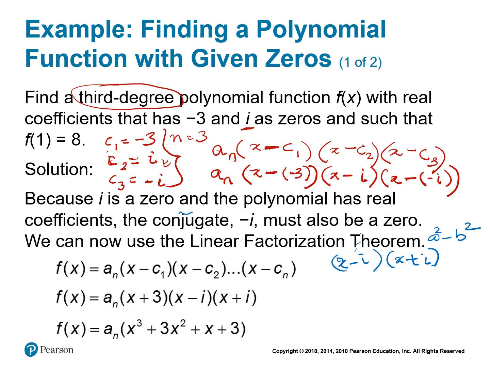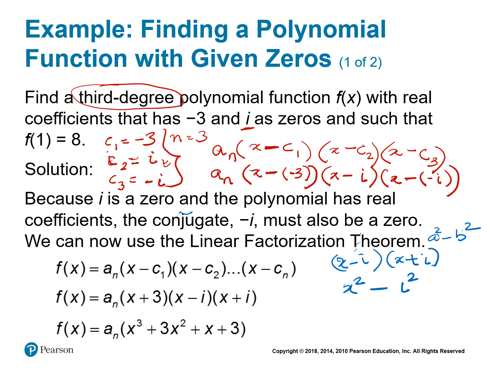So I'm going to use that factoring and expansion fact that we know already, and write it as x squared, then the middle sign is going to be minus, x squared minus i squared.